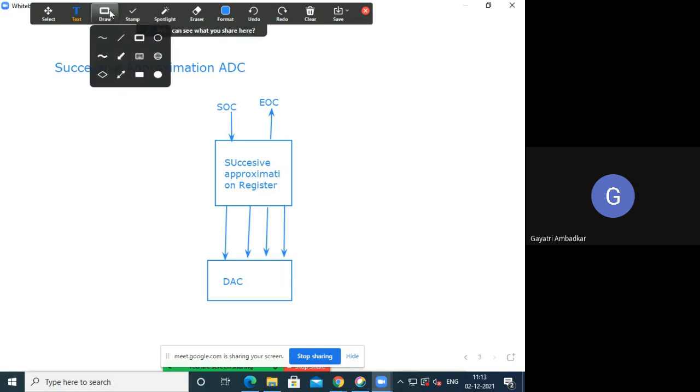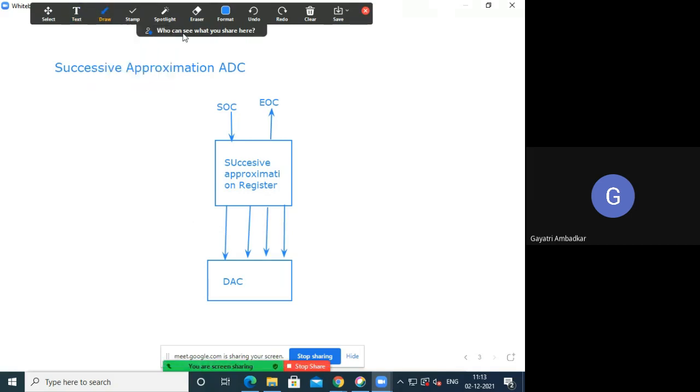So let's say this is your MSB and this may be your LSB. There will be n number of bits. So this is your MSB. First is MSB, and last is LSB.